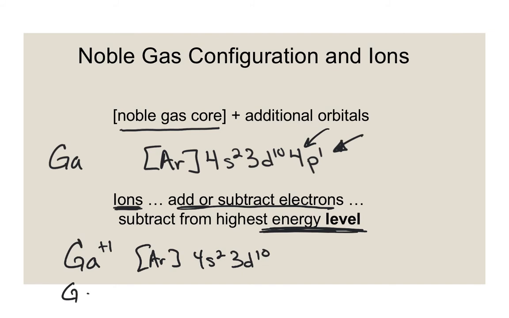But if we go to gallium plus 2, we would go Ar 4s1 3d10, again because we're taking away from the highest energy level.